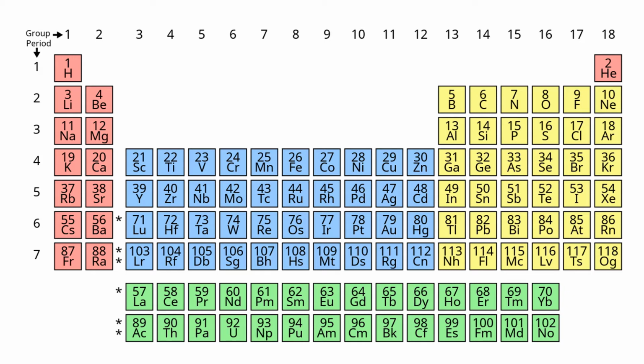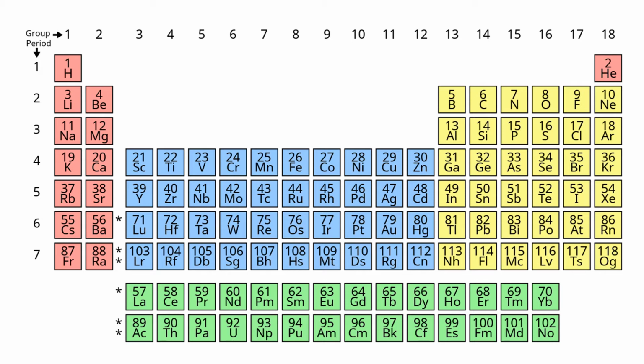First ionization energy refers to the amount of energy it takes to remove the first electron from the atoms in a mole of gaseous atoms. Second ionization energy refers to the amount of energy required to remove the second electron. That's always going to be higher.